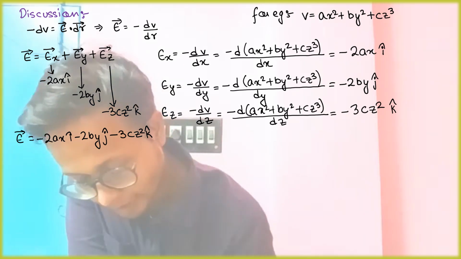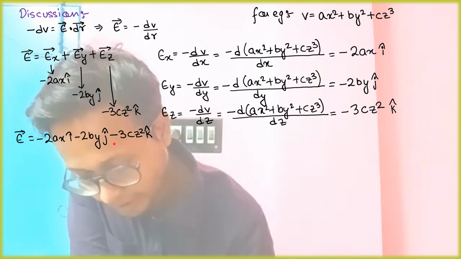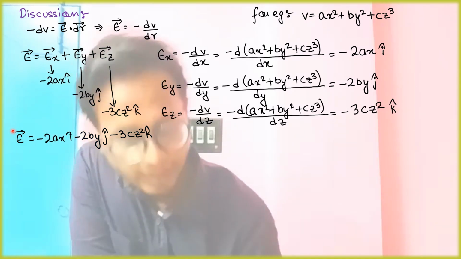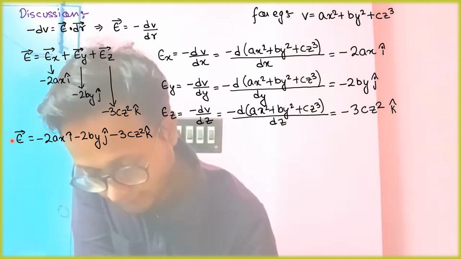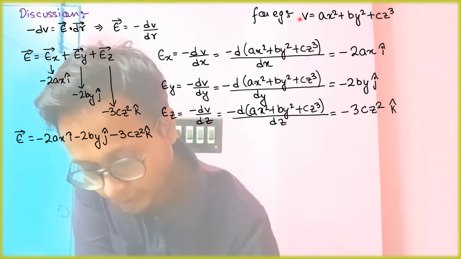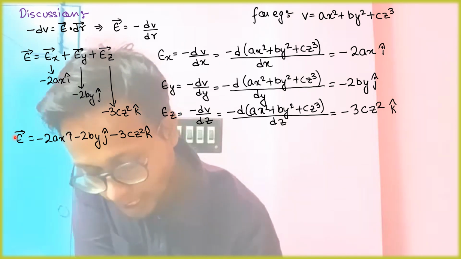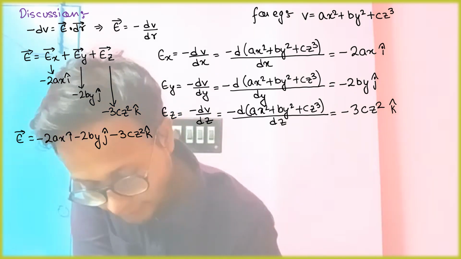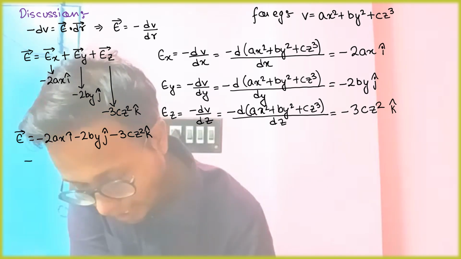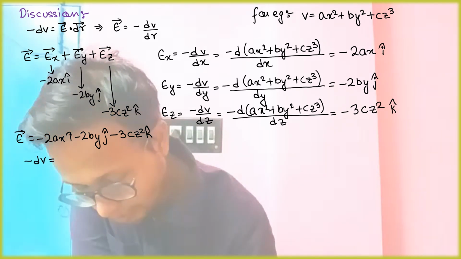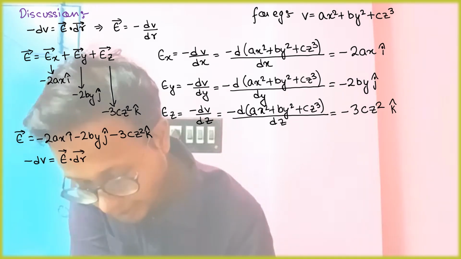You can already look back and say the potential of this thing would be this one, but you know that you have to do integration. Suppose only the electric field was given, and you don't know anything about potential. How do I derive potential from the electric field? We know that minus dV is equal to E dot dr. The problem is r is nothing but x, y, and z.